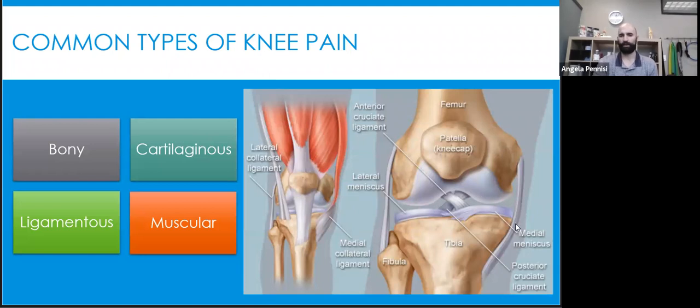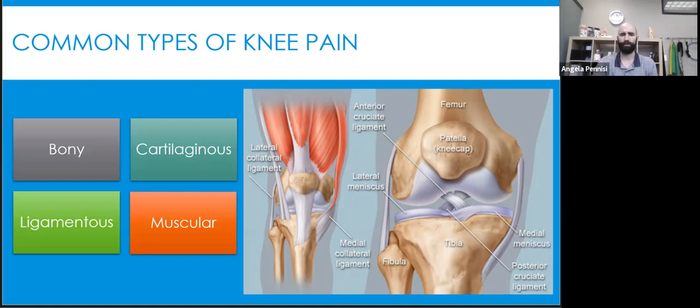And then we have the MCL and the LCL, the medial collateral ligament and the lateral collateral ligament. Again, they prevent the knee from displacing sideways as you're moving. So a lot of times, especially with professional athletes, you'll see a lot of injuries to those ligaments as you go through some high force injuries, impacts, and things like that.